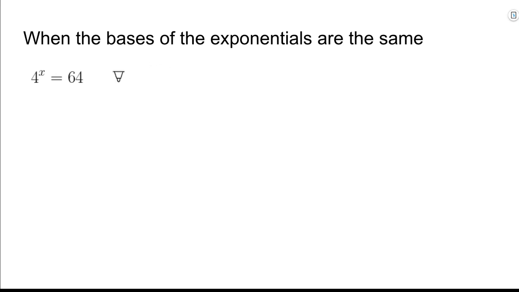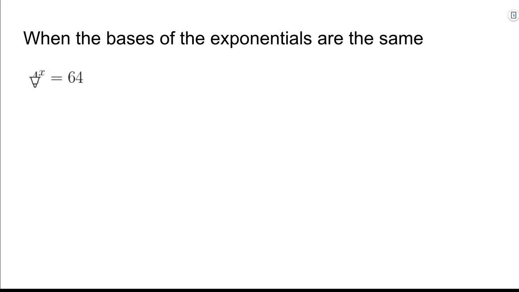This first one: when the bases of the exponential functions are the same, then because exponential functions are one-to-one, the exponents also have to be the same. For each input, there's only going to be one output.